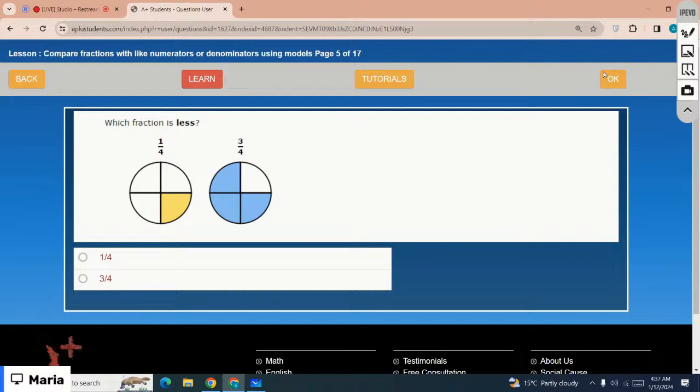Yes, 1 by 4 is less than 3 over 4. The correct option is 1 over 4.